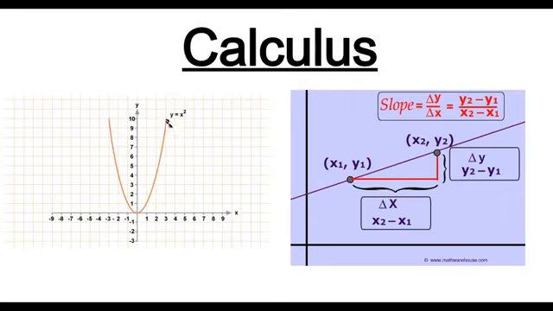Let's say you went from the origin to, let's go to 9 to make it a bit easier, because you could square that. So 3 to the right, and you went 9 up.